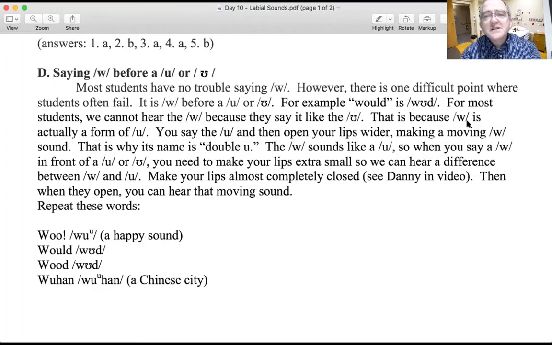That's because the W is actually a form of U. You say the U before, and then you open your lips wider and make a moving W sound. Okay, so W, for example, water would be, see there's a oo, water.